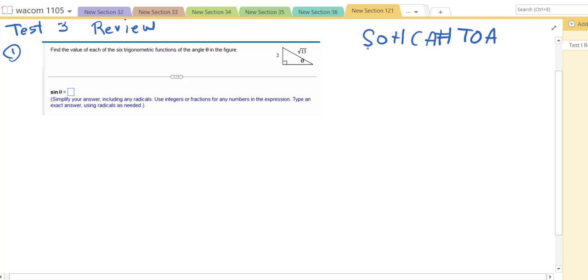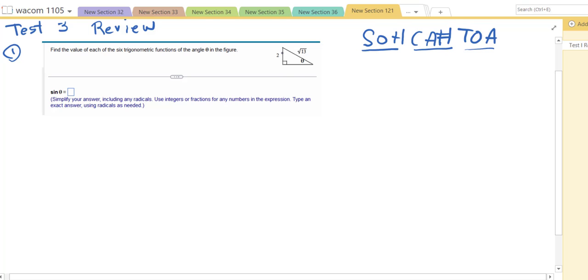So for sine, opposite over hypotenuse; cosine, adjacent over hypotenuse; tangent, opposite over adjacent. You have to know that, right?